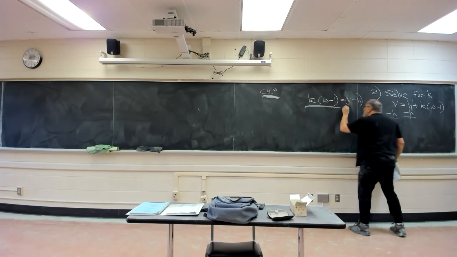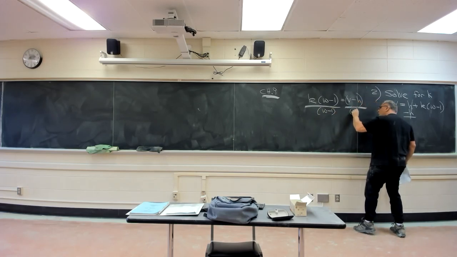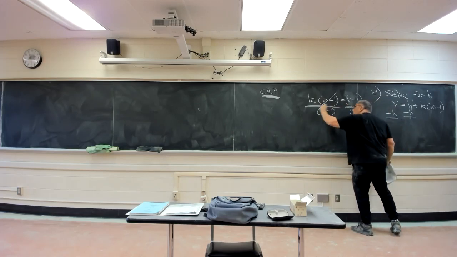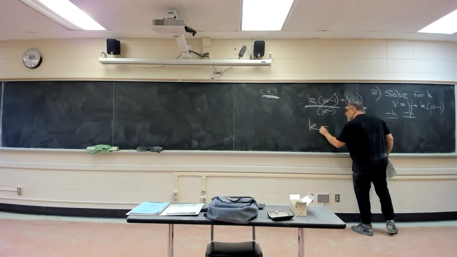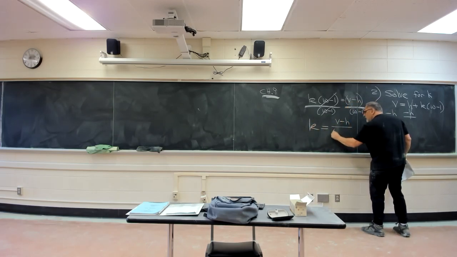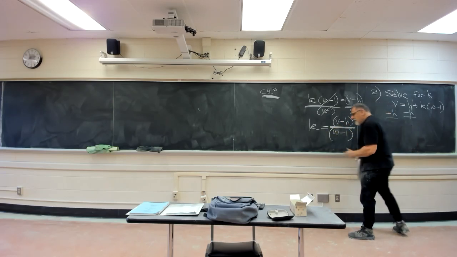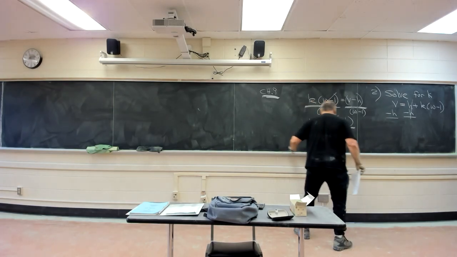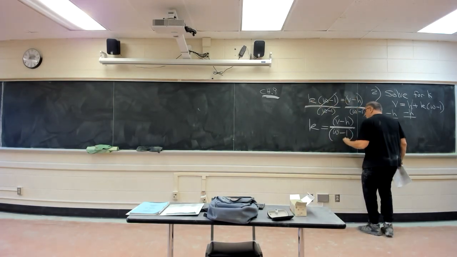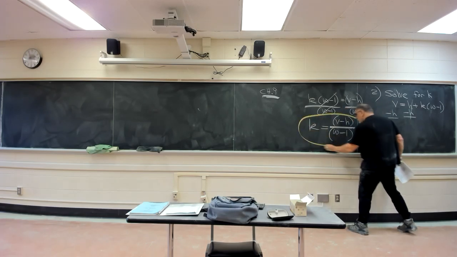When you do that, guys, just take W minus 1 on each side. V minus H over W minus 1. They don't put parentheses usually. I'm doing it. That's not a big deal. Just make sure the answer is, at the end of the day, K equals V minus H over W minus 1. So we got that.